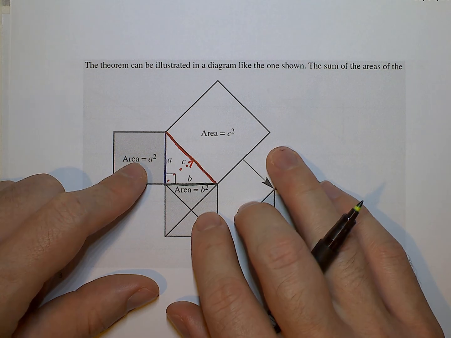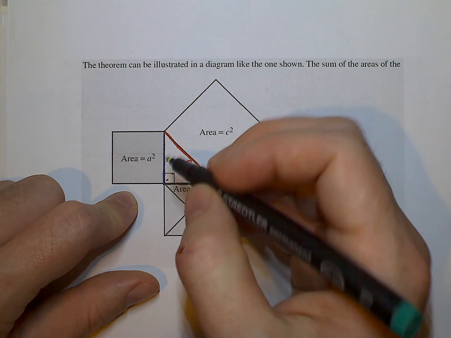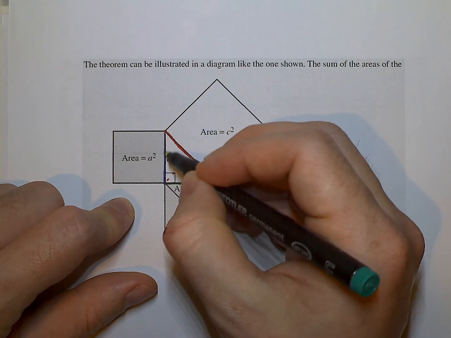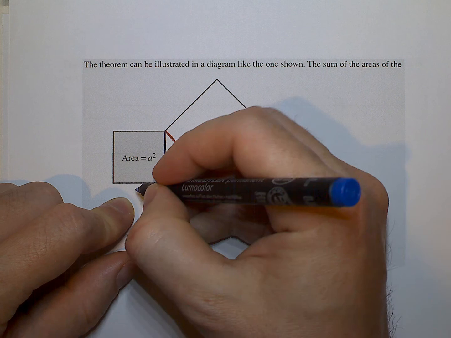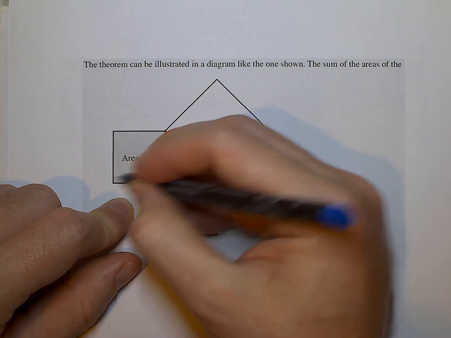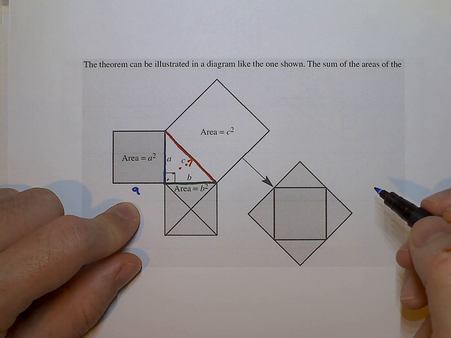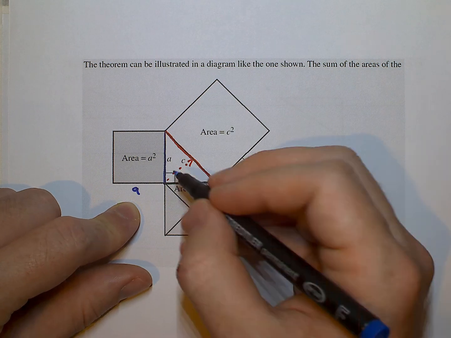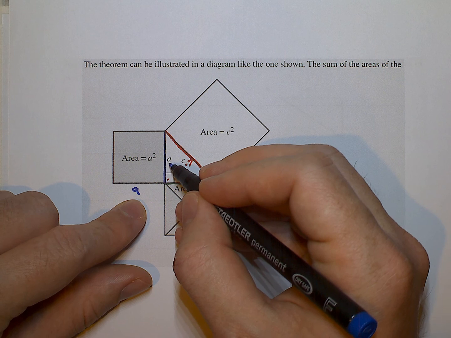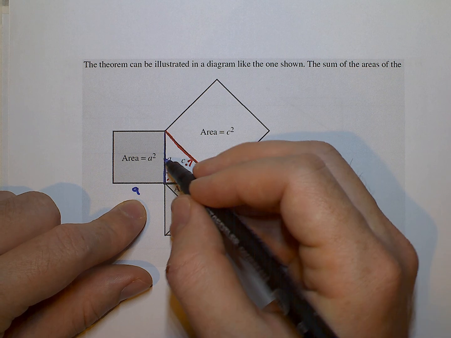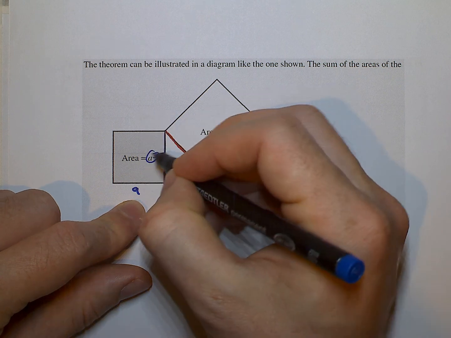These aren't rectangles, they're squares. If this length here is A, then this side is also A, so these are the same lengths. To find the area of that square, you multiply the base times the height, and that gives you A squared for this square.